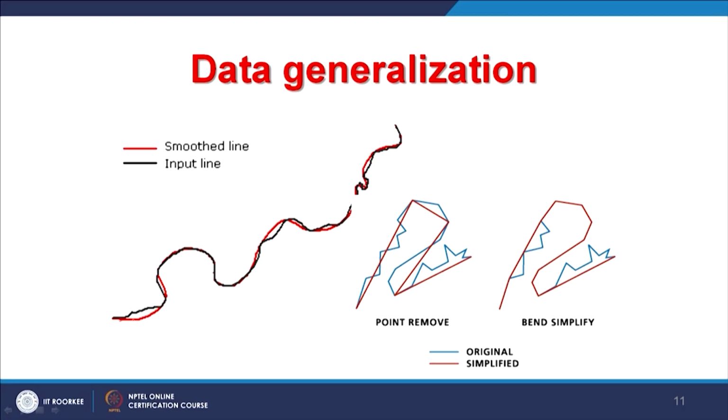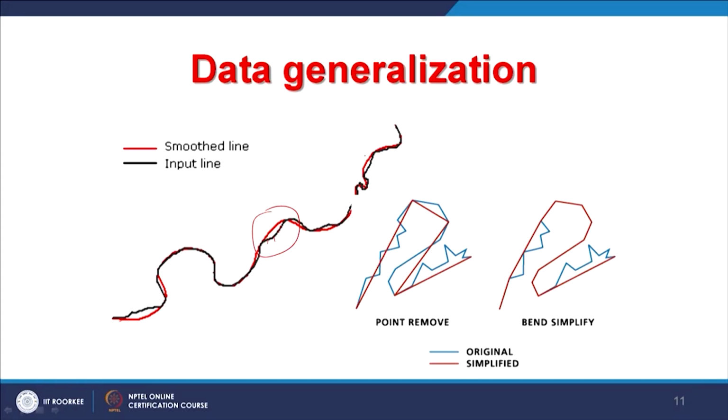When you make a smoothened line, you are removing certain errors and some nodes or internodes from your polyline, and the black line has become like the red line. So if there were many nodes here, they have all disappeared and now you only have a curved line. So generalization may smoothen your polylines.